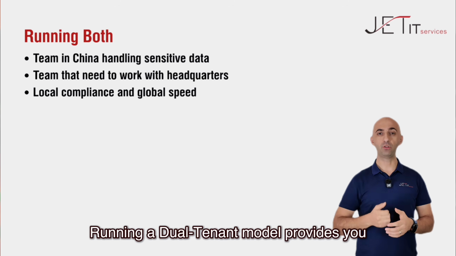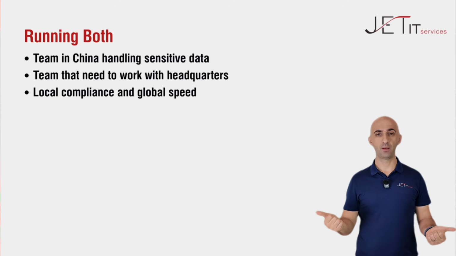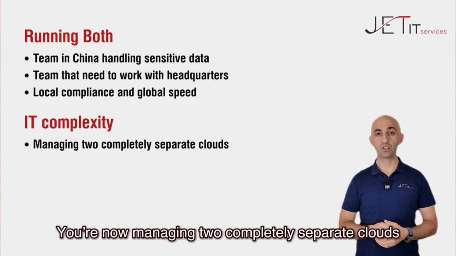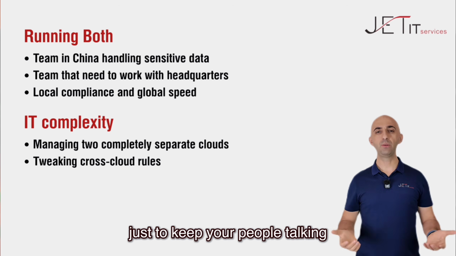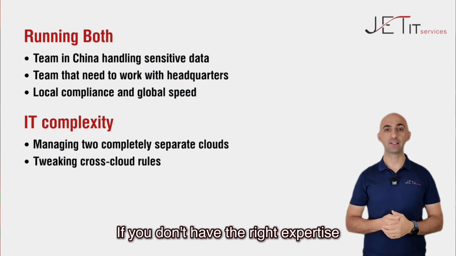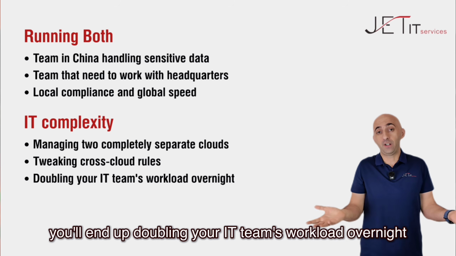Running a dual tenant model provides you with both local compliance and global speed. But the downside here is IT complexity. You're now managing two completely separate clouds and constantly tweaking cross-cloud rules just to keep your people talking. If you don't have the right expertise, you'll end up doubling your IT team workload overnight.